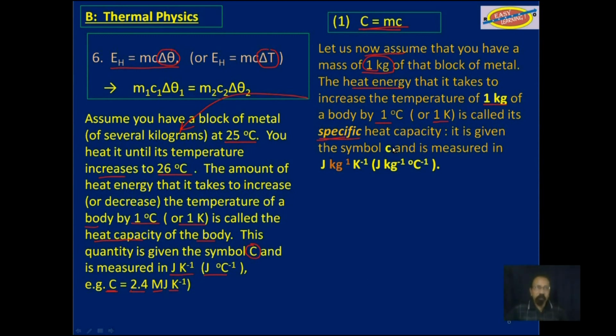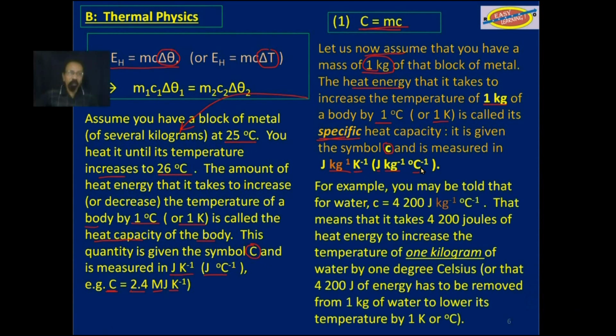It is given the symbol lowercase c and is measured in joules per kilogram per degree Kelvin or joules per kilogram per degree Celsius. For example, you may be told that for water, its specific heat capacity, that is lowercase c, is 4,200 joules per kilogram per degree Celsius.